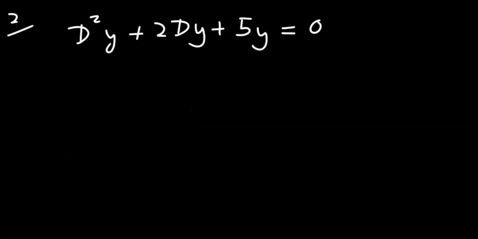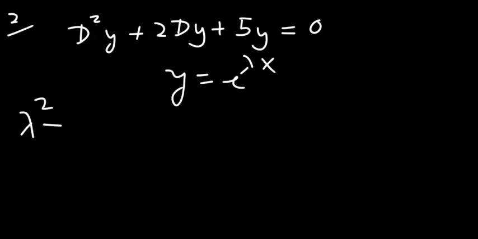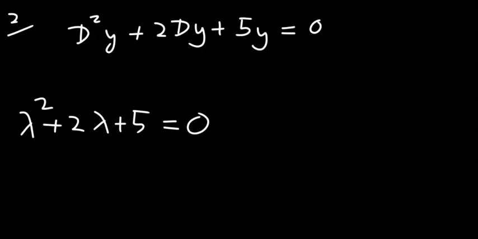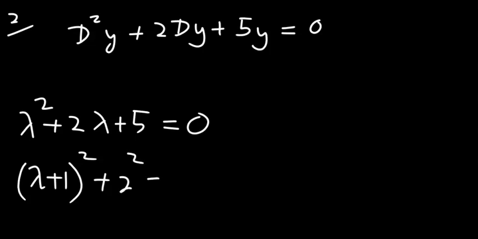Example 2. Again, using the following substitution for y, we get λ² + 2λ + 5 = 0 for the auxiliary equation. Let's slightly rewrite it in the following form: (λ + 1)² + 2² = 0. That is just this equation rewritten in a slightly different form.